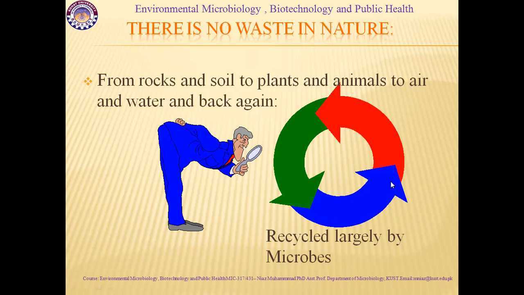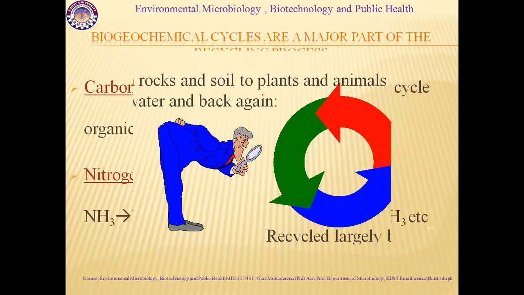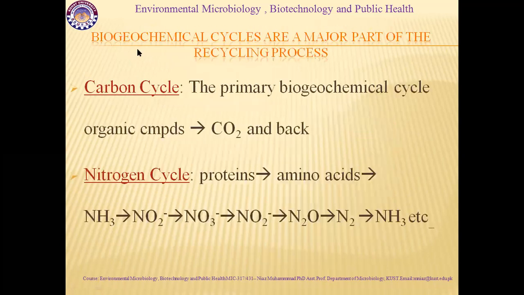These are present in the environment in elemental form, in gaseous form, and these are used again to reproduce the organic molecules on this globe. So biogeochemical cycles are a major part of the recycling process.